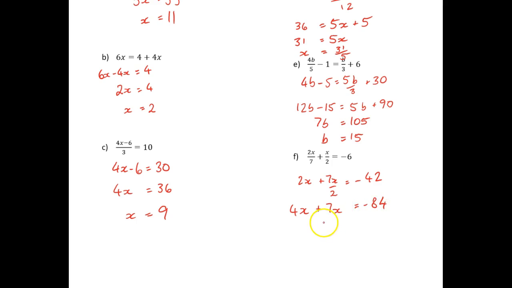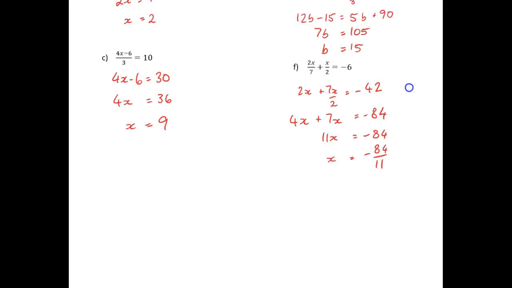That means that I have 11x here, negative 84 here, and x is negative 84 over 11. Can't simplify down. Might look like an unsatisfactory answer, but that's just how it goes.